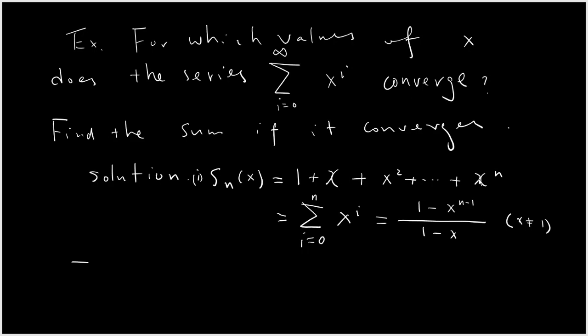And then the given series, I'm going to copy it down. I from 0 to infinity, x to the power of I. So again, we call this one a geometric series. The given series is defined as the limit of the partial sum sequence as n approaches infinity.